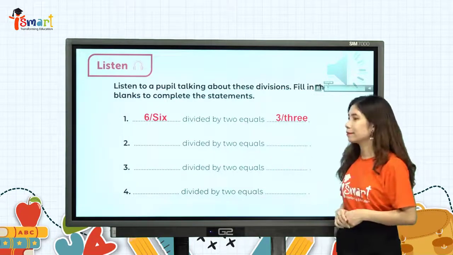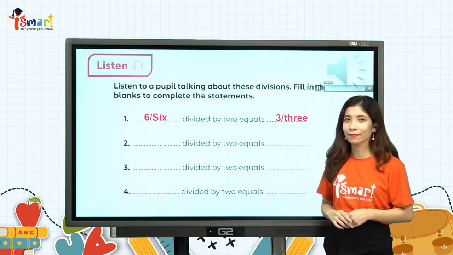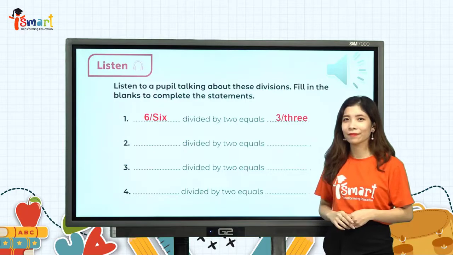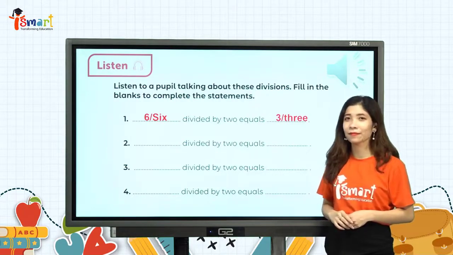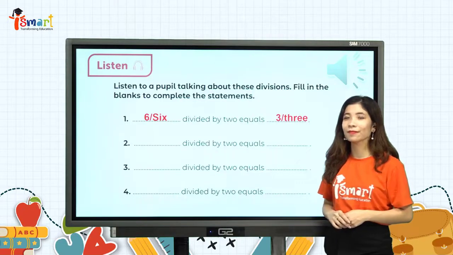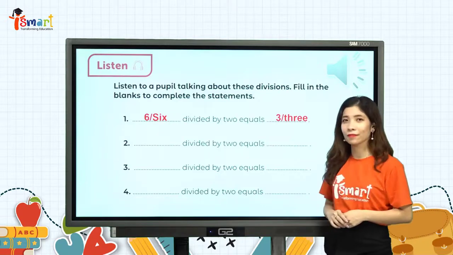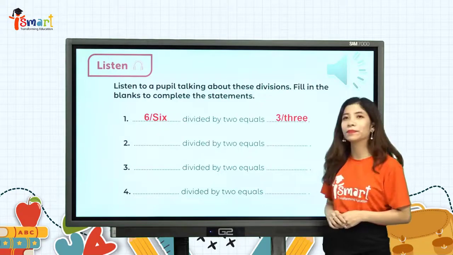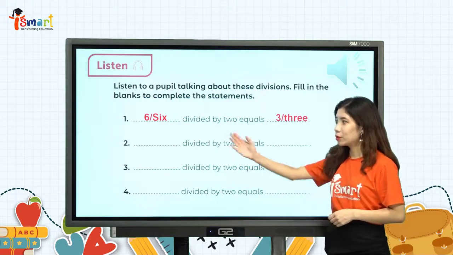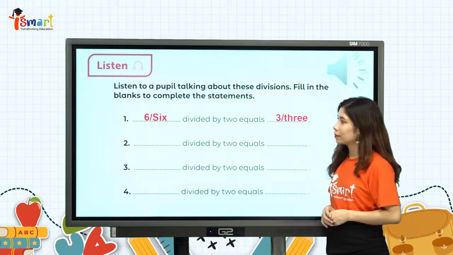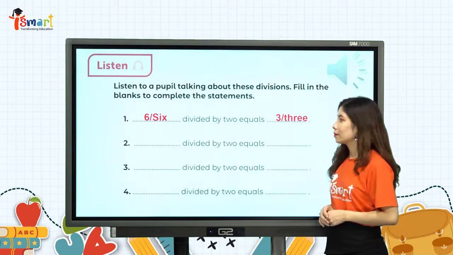Talking about these divisions. Fill in the blanks to complete the statements. Number 1. 6 divided by 2 equals 3. Number 2. 8 divided by 2 equals 4.